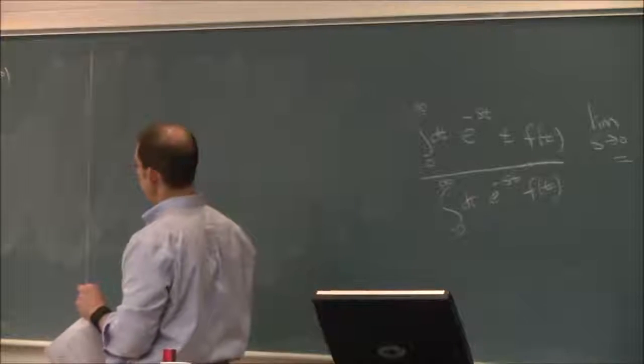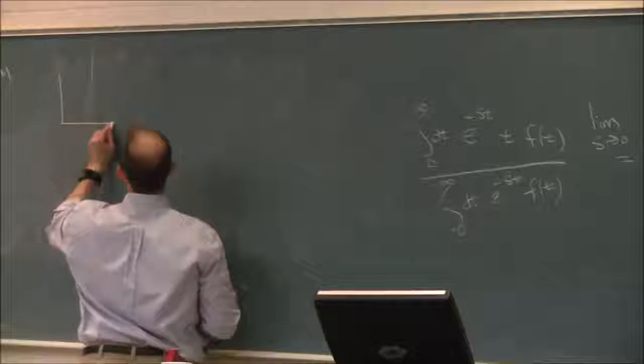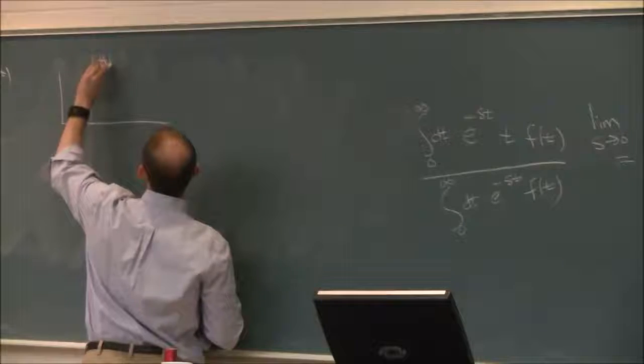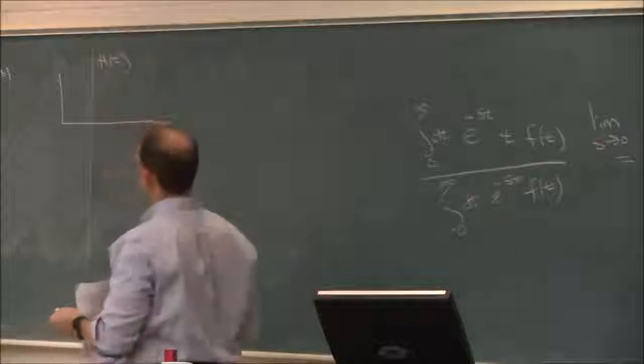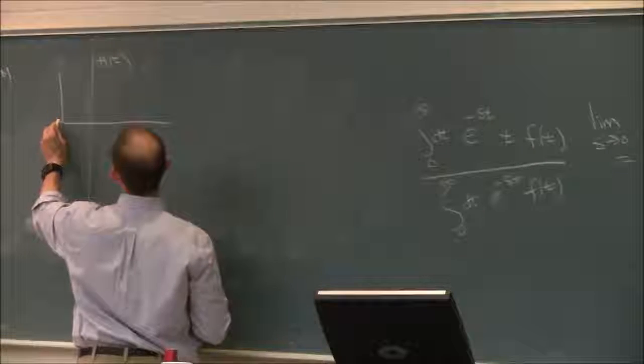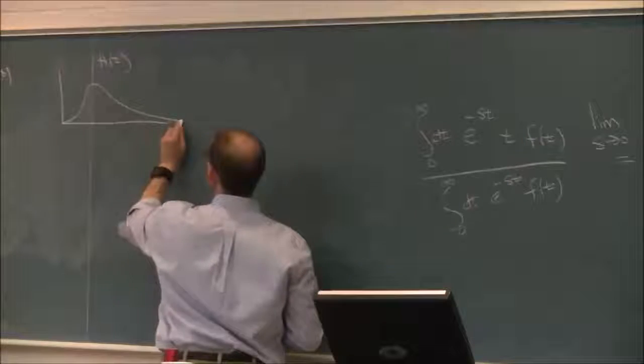Now we've looked at these properties. If we think about our response function h of t, because we're focusing on response, here's an example of what one might look like.